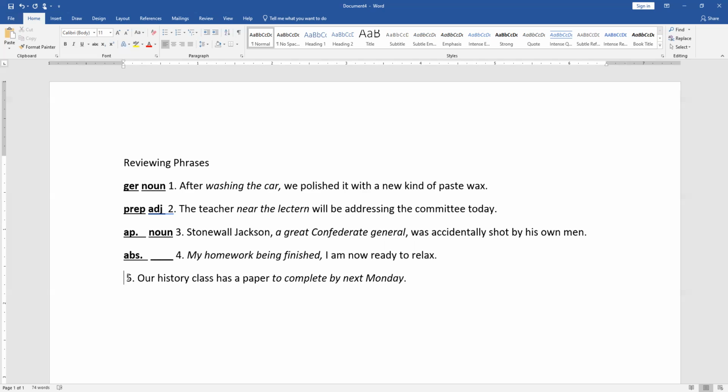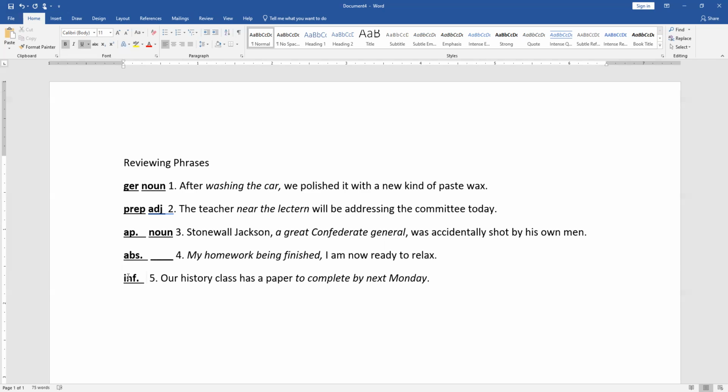Our history class has a paper to complete by next Monday. So what is this phrase? It's an infinitive. It has a to. Nope. And it has a verb after. So it's a verb, a verbal.